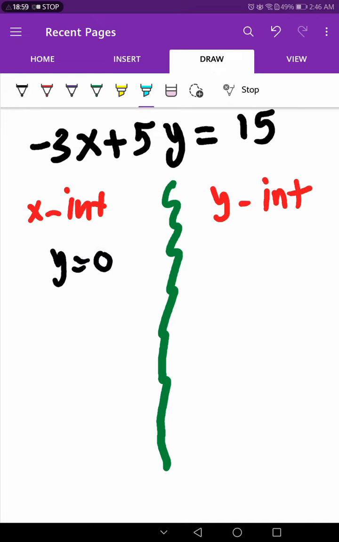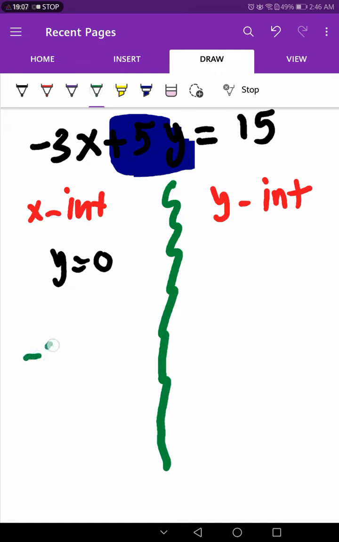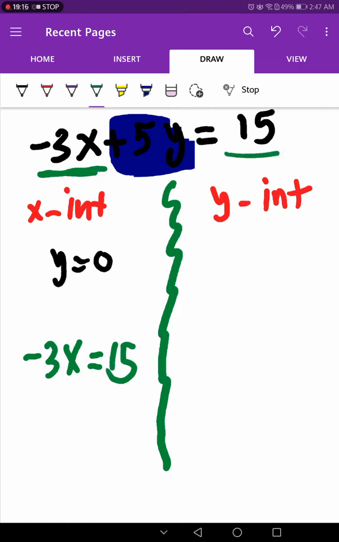That means I have to hide the y and its accessories, everything here. So what is left? Negative 3x equals 15. Yes. Now divide by negative 3, divide by negative 3, x equals negative 5.